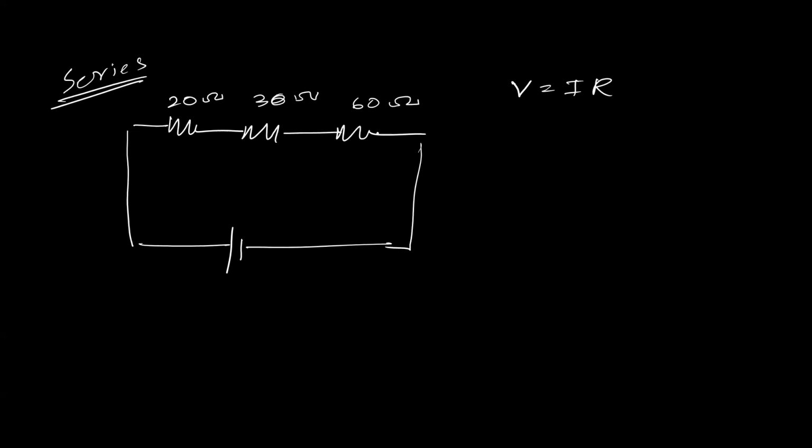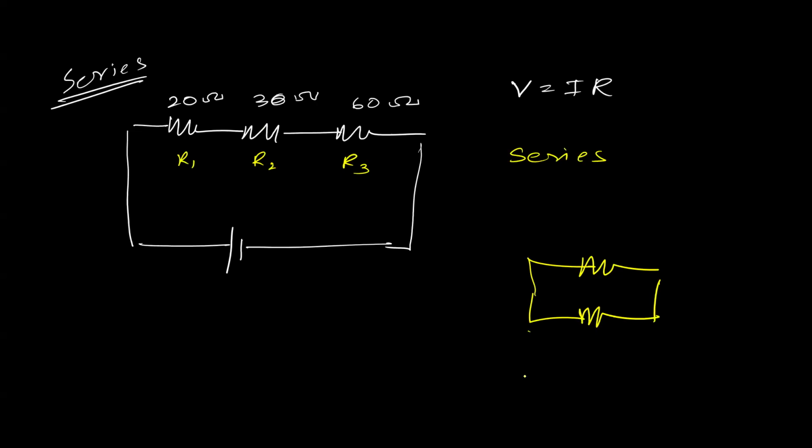Okay, let's say I want to find the total resistance of this. Let's say this is R1, R2, R3. The method of connecting this is series method. Series means it is connected to the main circuit. Parallel is something like this, one on top of the other. So now the given one is series.